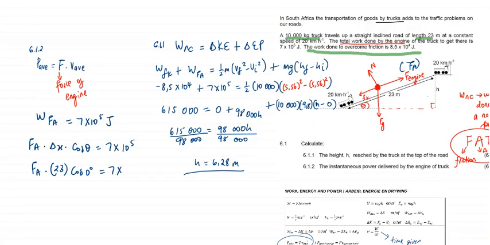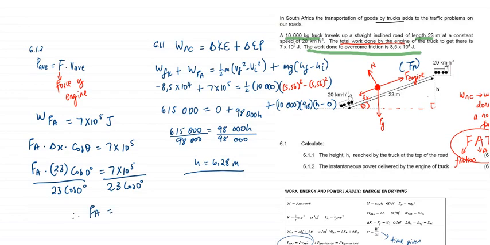Okay, and then from there you can divide both sides by 23 cos 0 degrees. Therefore the applied force is going to be equal to what?